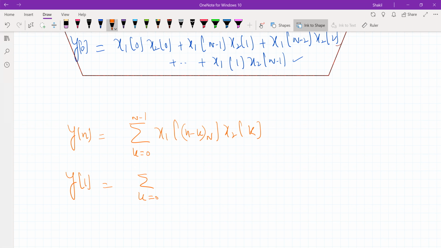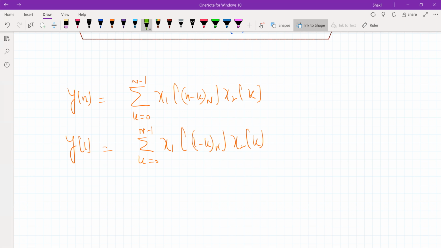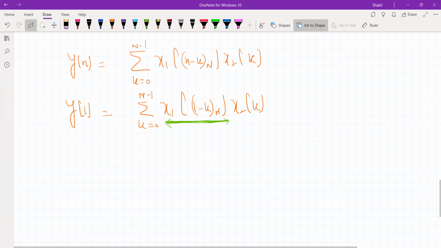So k equal to 0 to N minus 1. x1 of 1 minus k and x2 of k. Right? Now, without first giving you the mathematical sense, how do we evaluate this circular operation? How do you obtain this circular operation? Let me repeat this by doing it graphically first of all.